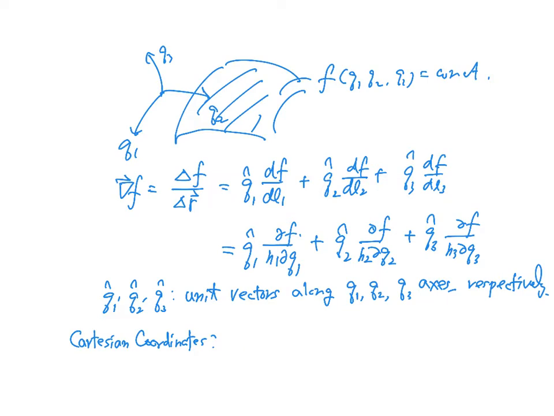But there are other 16 different coordinate systems which can be very complicated. So the gradient of f is simply x hat partial f, y hat partial f, z hat partial f.